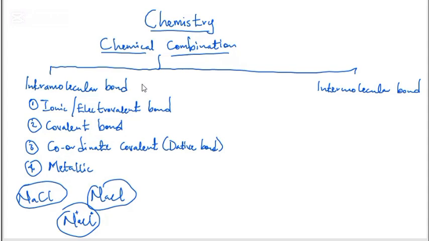Then the bond between these substances is what we now call the intermolecular bond. Sorry about that. So the intermolecular bond is between molecules, and for that we have, one, your hydrogen bond.